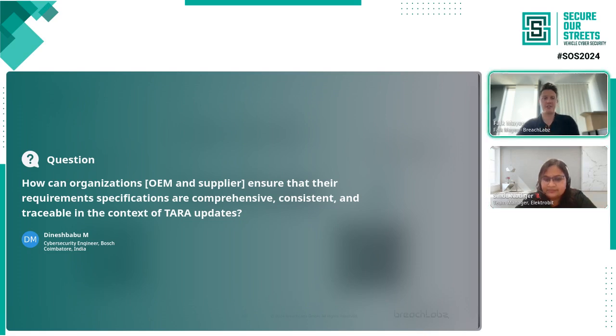Excellent question. I think that perfectly relates to one of the pain points I was mentioning. Once you start allocating the threats to certain architectural components, those threats on the OEM level are basically automatically traced down to the supplier. And since you also integrate the supplier attack paths into your damage scenario ratings, your risk on the OEM level changes once the supplier changes its TARA, right?